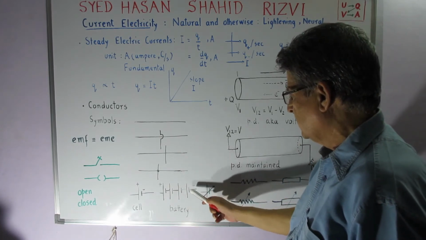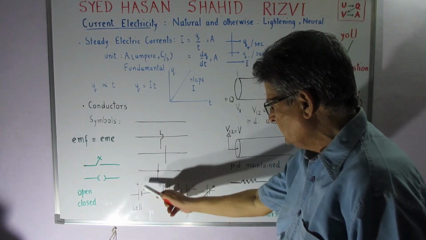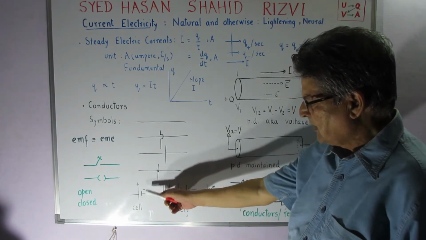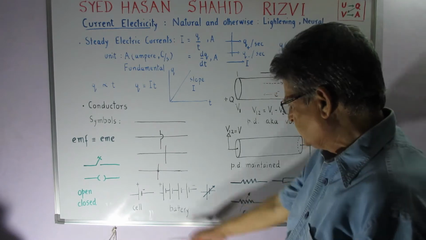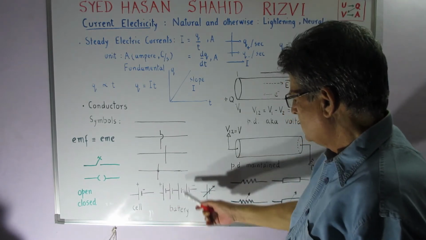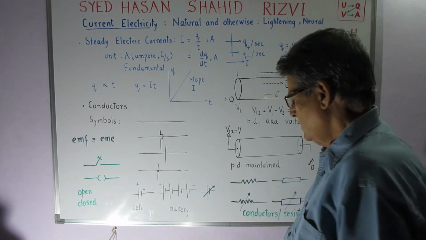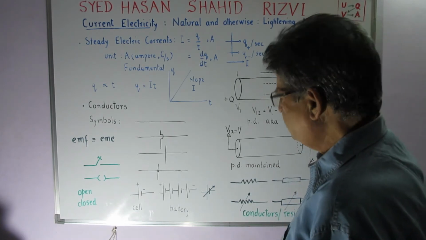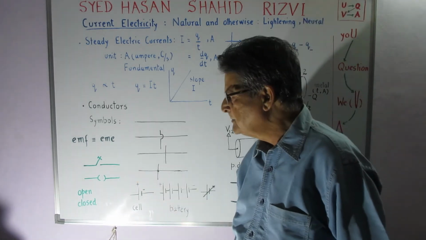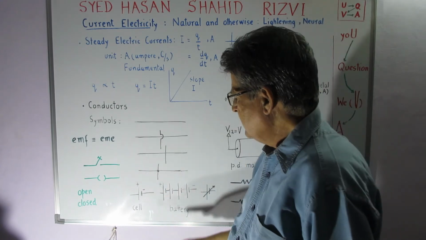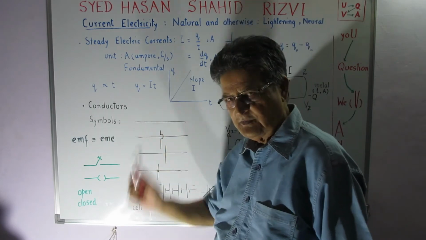The positive one is longer in length and the negative one is shorter, and sometimes it's thicker also. This is the symbol of a cell, this is the symbol of a battery, and this is the symbol of a variable potential difference. In fact, what the cells provide is an EMF.